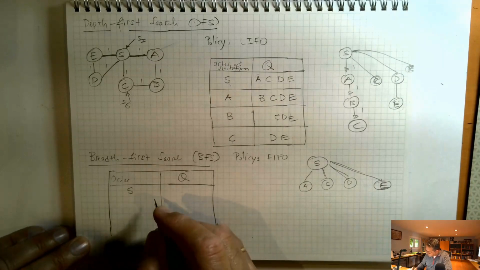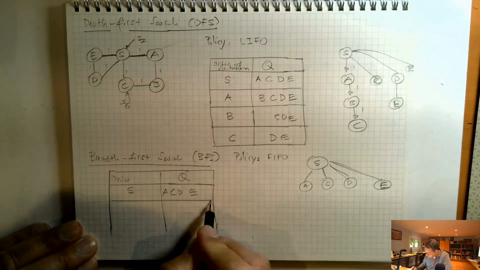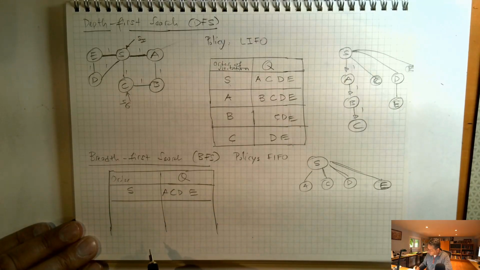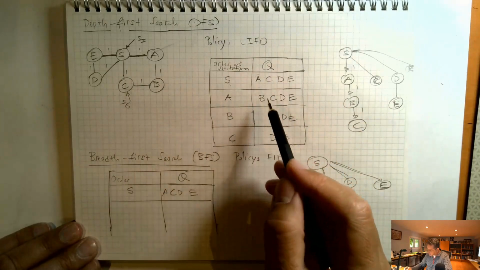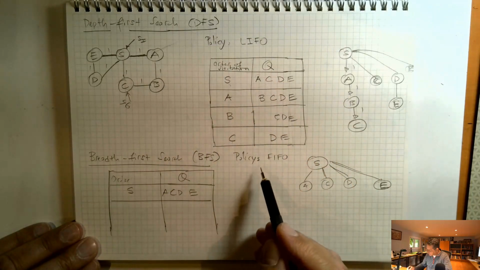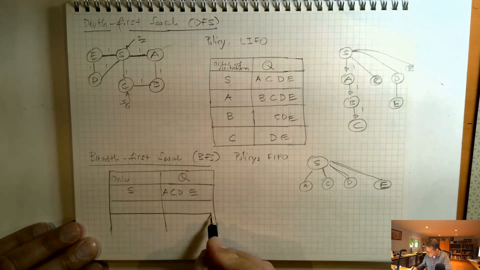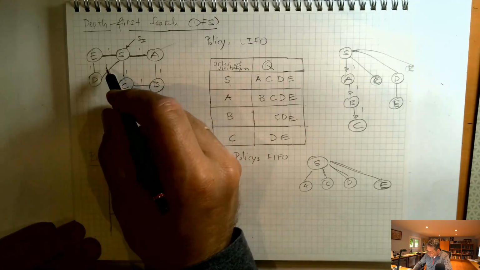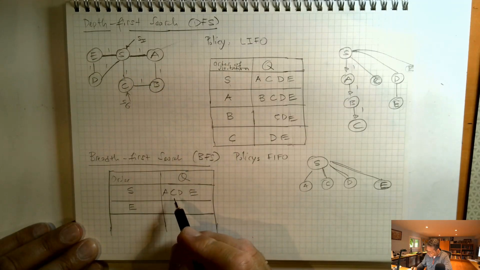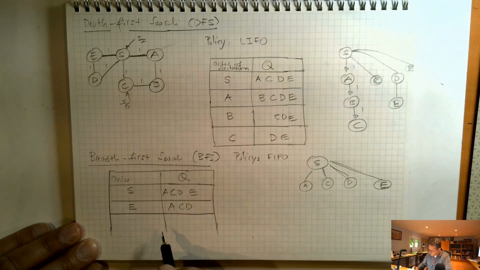So we're going to write now the A, C, D, E as we have seen earlier. And then if this was a LIFO and A was resulting out of it, then the first element here is, let's say, E. And so we can visit E. And as far as E is concerned, we have nothing to add. So it is A, C, D.